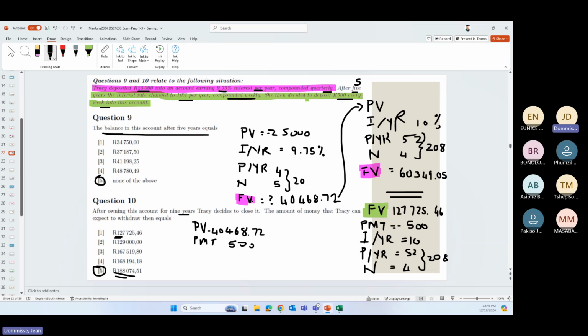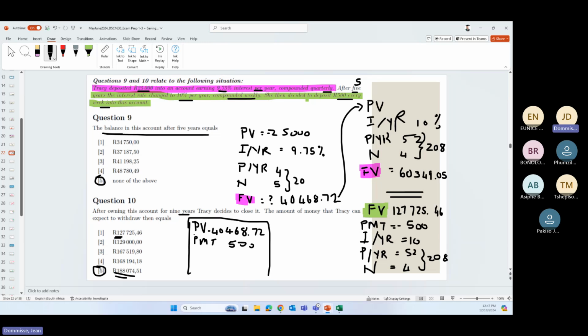So 4468.72 on the calculator as present value, 500 as PMT, 10% interest for 52 weeks for 4 years, so it's 208. Future value will be 188,074.51.